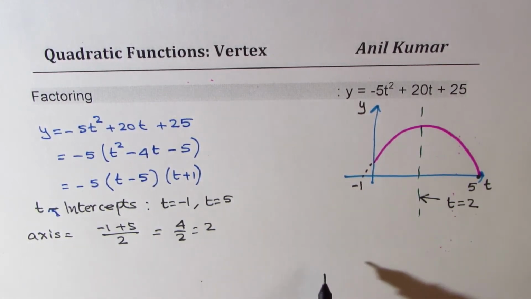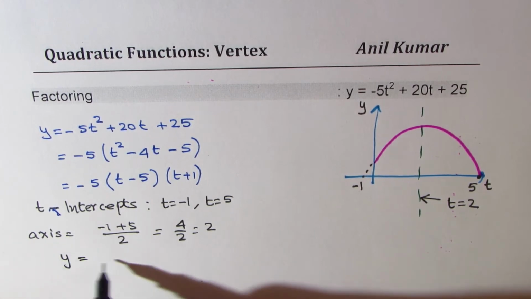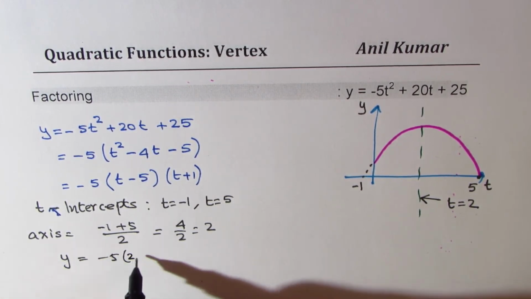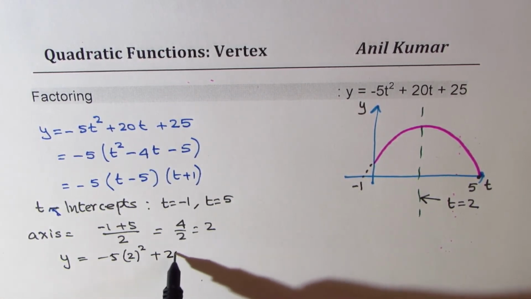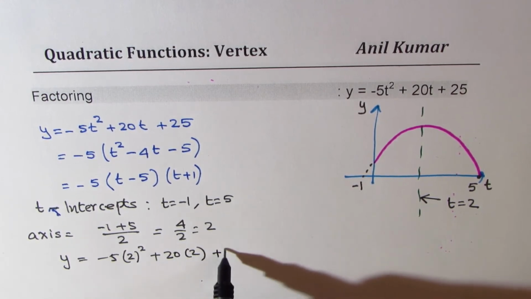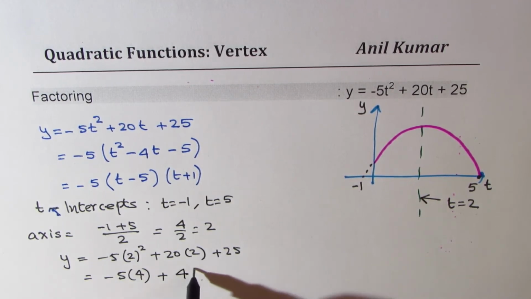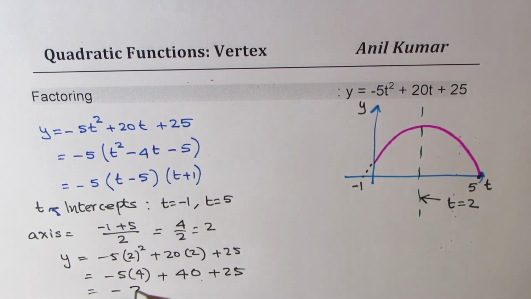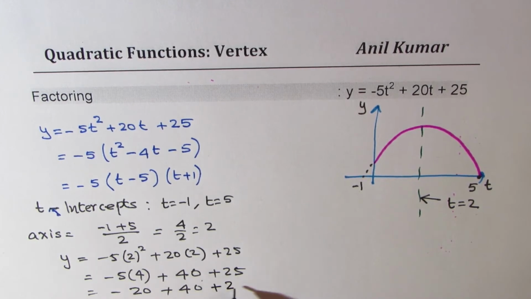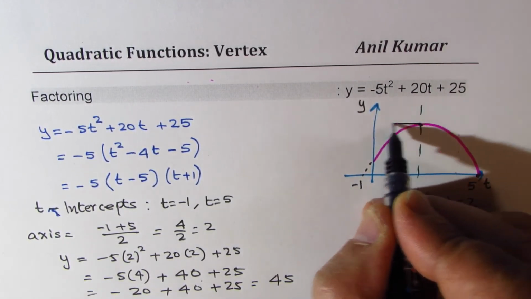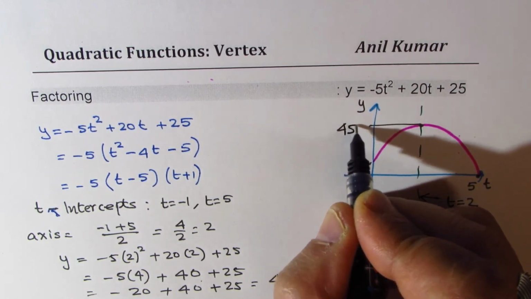Now to find the y value, we'll substitute 2. So y equals minus 5 times 2 squared plus 20 times 2 plus 25, correct? Which is minus 5 times 4 plus 40 plus 25, okay? Which is minus 20 plus 40, that gives you 20, and this is 25, so we get 45 as our answer. So this point here is 45.